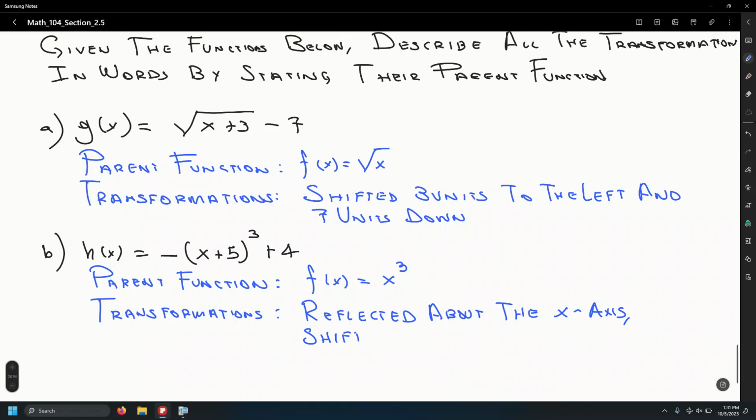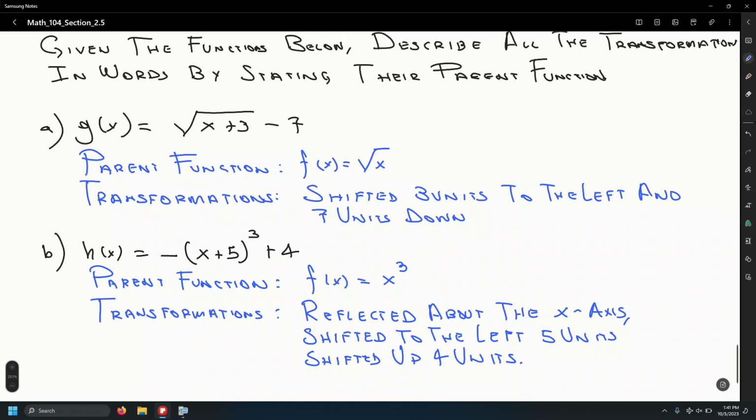Shifted to the left 5 units. And lastly, shifted up 4 units.